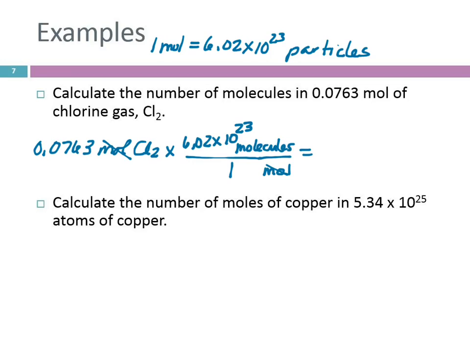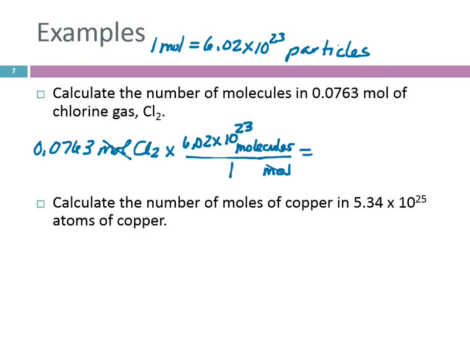Now, you need to be able to do scientific notation on your calculator, because I have not yet seen a calculator that can handle Avogadro's number in decimal form. And do you really want to count 23 zeros as you punch all those in? I don't think so. So this is 0.0763 times 6.02, and then you should either have an EE or an EXP button.